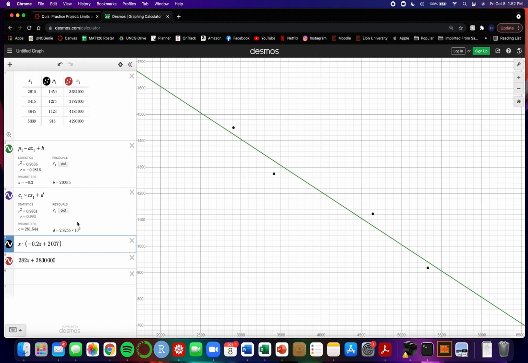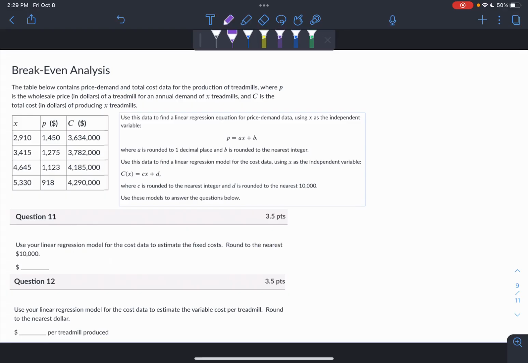Okay, questions 11 and 12, they have to deal with costs for the cost data, right? And so from Desmos, we found that cost is equal to 282x plus 2,830,000. So for question 11, we want to know the fixed costs. So these are the costs that are there no matter how many treadmills we sell.